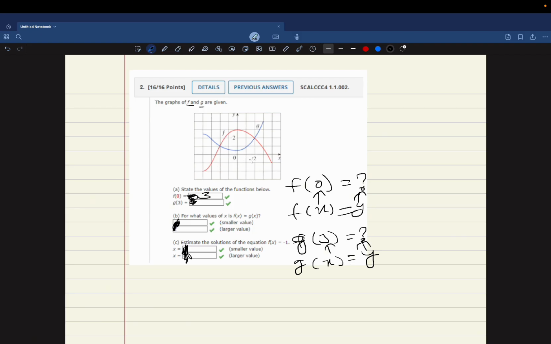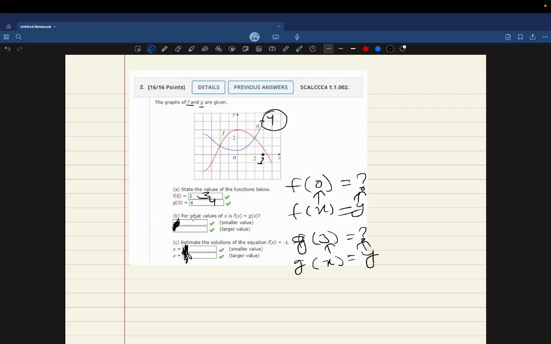So let's put the value of x as 3, which is this. Okay, so when the value of x is 3, what is the value of y? So for the blue one, we need to find out. So this is 2, 3, 4. So when the value of x is 3, the value of y is 4, so the answer will be 4. Okay, so I'll also reveal the answer.